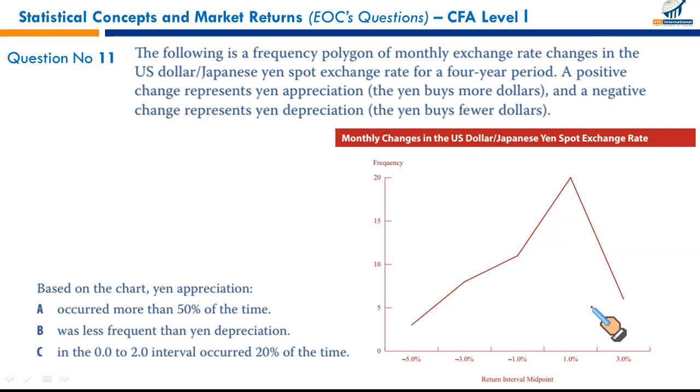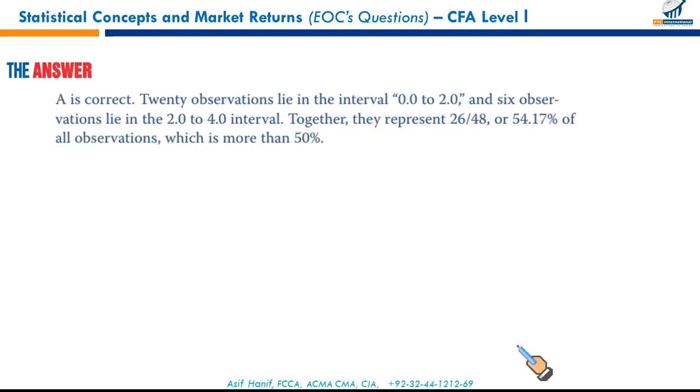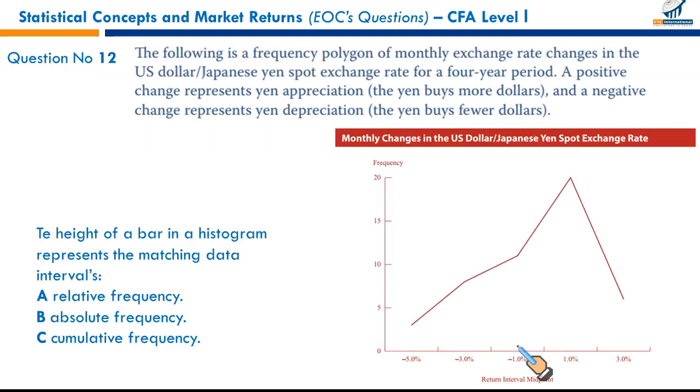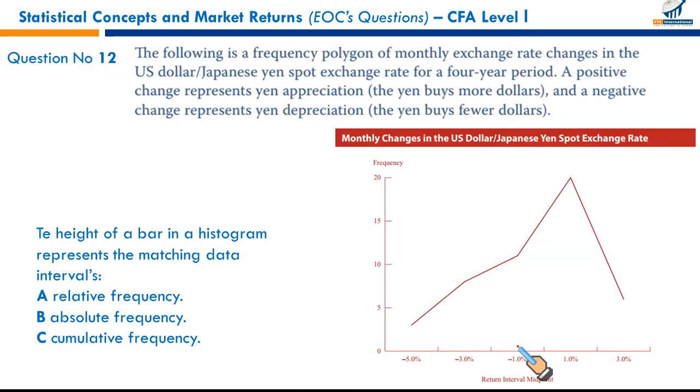What we can see from the graph itself is that for more than 50% of the time the yen appreciated, and this is shown by this region of your diagram. That makes A the correct option. We do not have numbers to support the answer, but at least from the look of it, that's what we got. Same information, but the requirement is different.